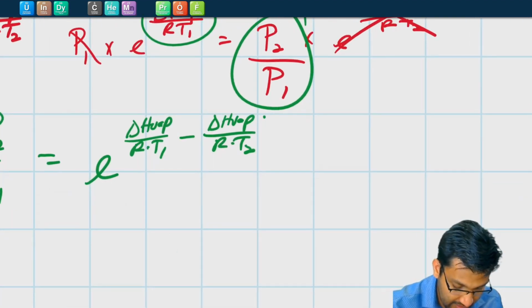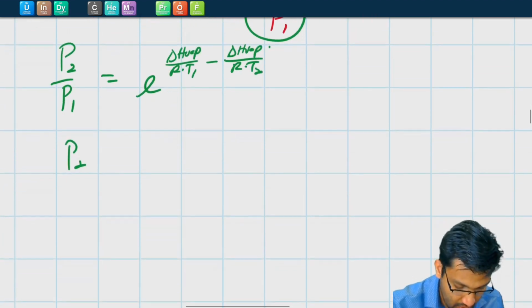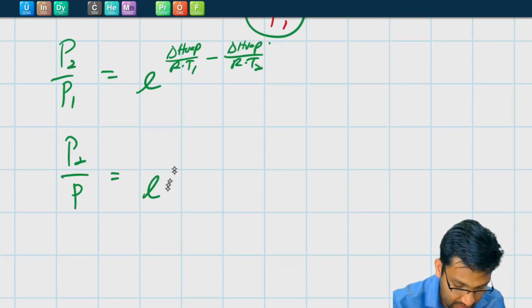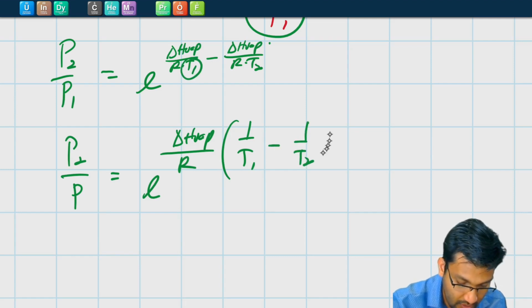Let's see if we can simplify this further. Up here, delta H of vaporization and R are in both of them. So we can write that again: P2 over P1 is equal to e to the delta H of vaporization over R, and then we have 1 over T1 minus 1 over T2.